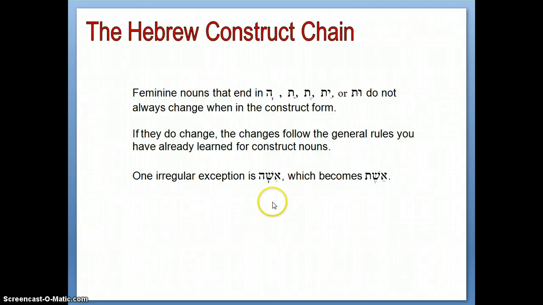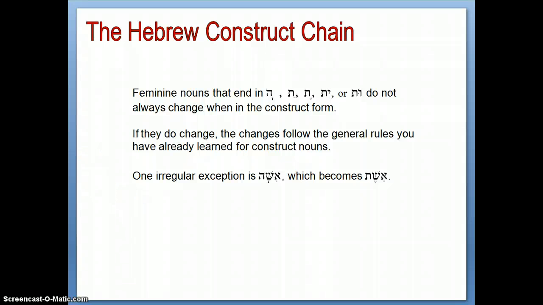One irregular exception is isha, which becomes eshet in the construct. That's kind of an irregular, different one. But generally, a feminine singular noun that ends in ah, or any of these other endings that are more rare, will undergo a little bit of a change, but not consistently and not always.